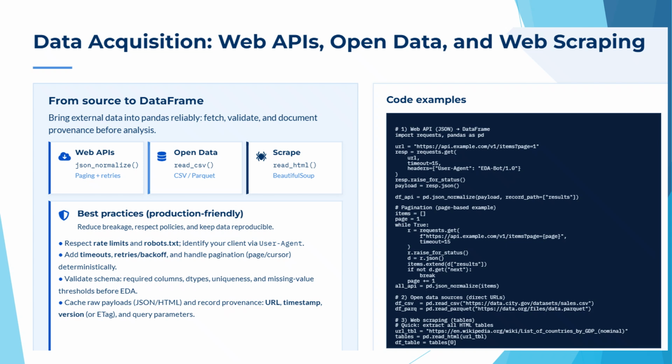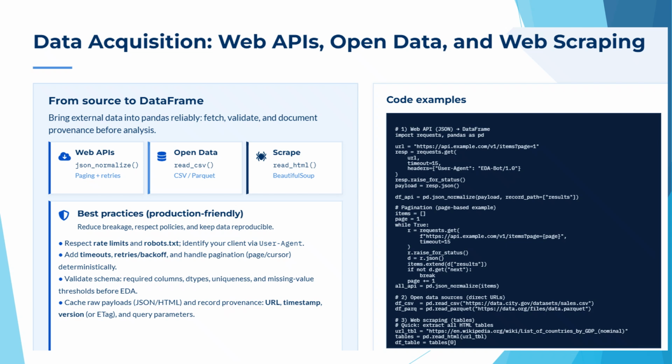Including a proper user agent helps identify your application when making requests. Implementing timeouts and retry mechanisms ensures that temporary network issues do not disrupt the process. Handling pagination carefully is necessary to retrieve complete datasets when data is spread across multiple pages.